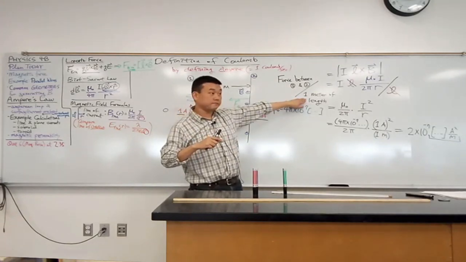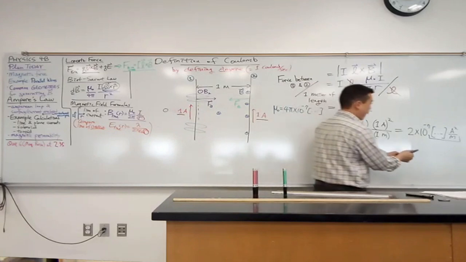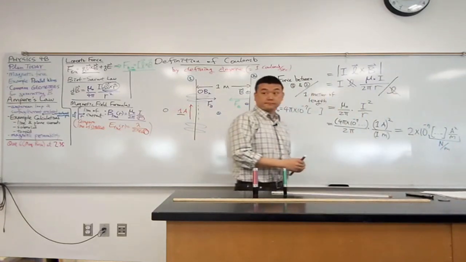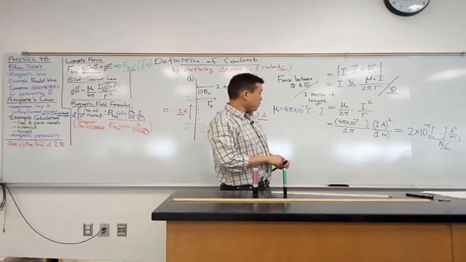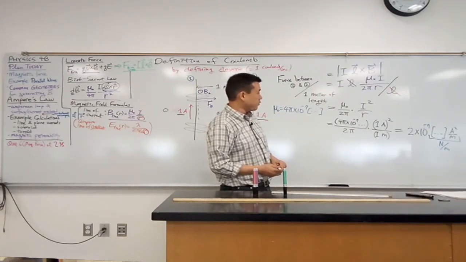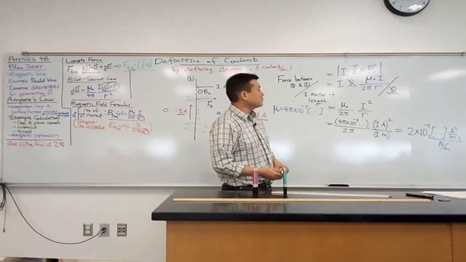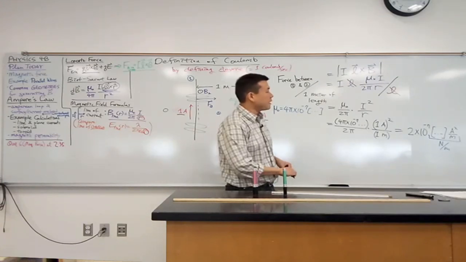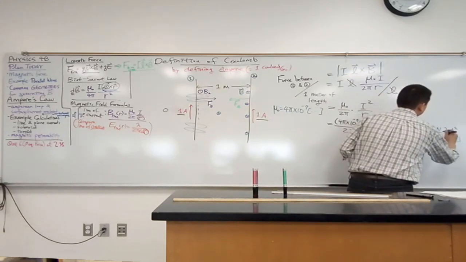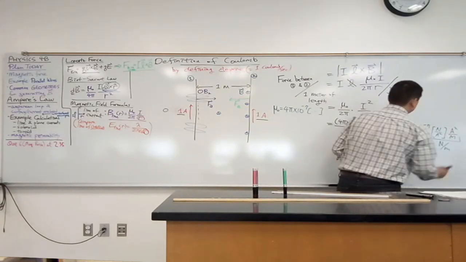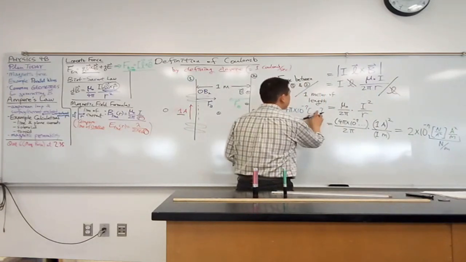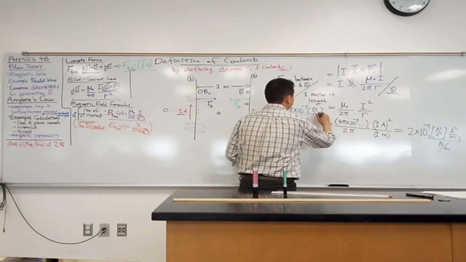Yeah, force per meter. So the unit here better end up being Newton per meter. That gives us a unit for mu naught. I'm trying to stare at it and make the units come out right. It better be Newton per ampere squared, if I didn't make any mistakes.